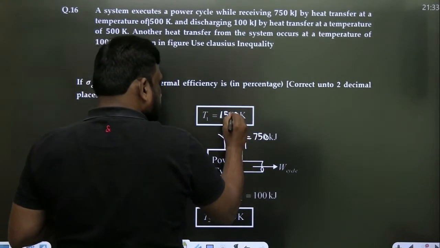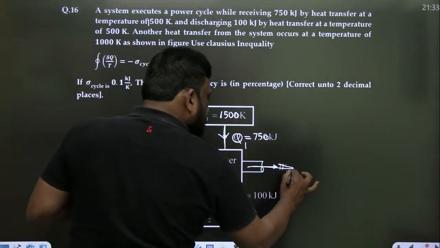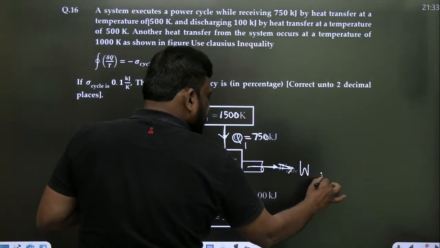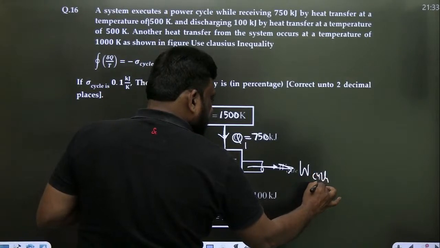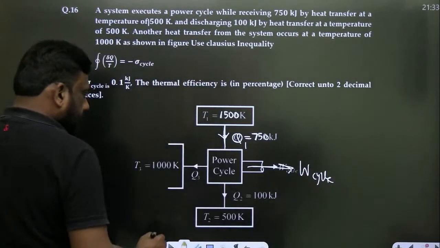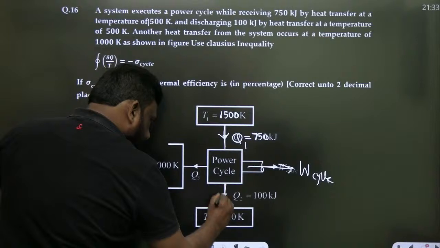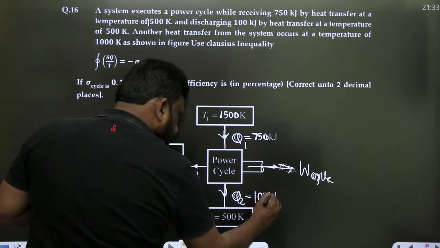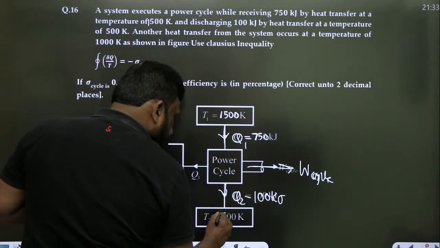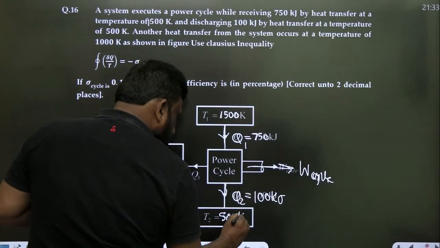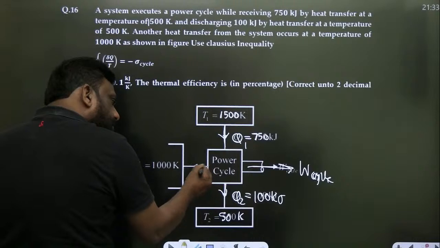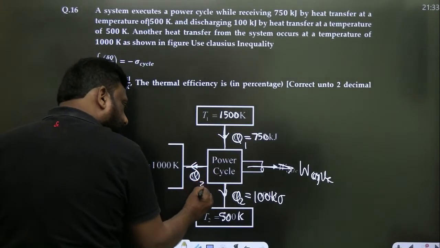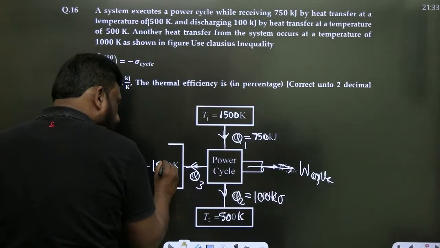It is developing some network of the cycle. It is rejecting 100 at a temperature of 500 Kelvin. This is also rejecting Q3 at 1000 Kelvin.